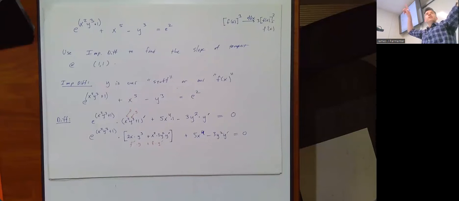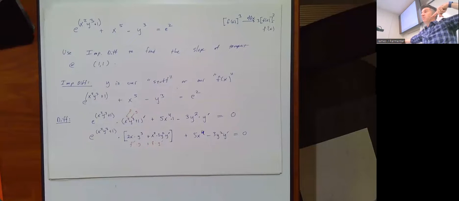The other direction is find the slope of the tangent line at a certain point. So you could still do all that same work, do all the algebra, find y prime equals, I don't know, negative 5x to the 4th plus some other garbage divided by some terrible thing, and then plug in 1, 1. Or you could first plug in 1, 1, and then do all the algebra.